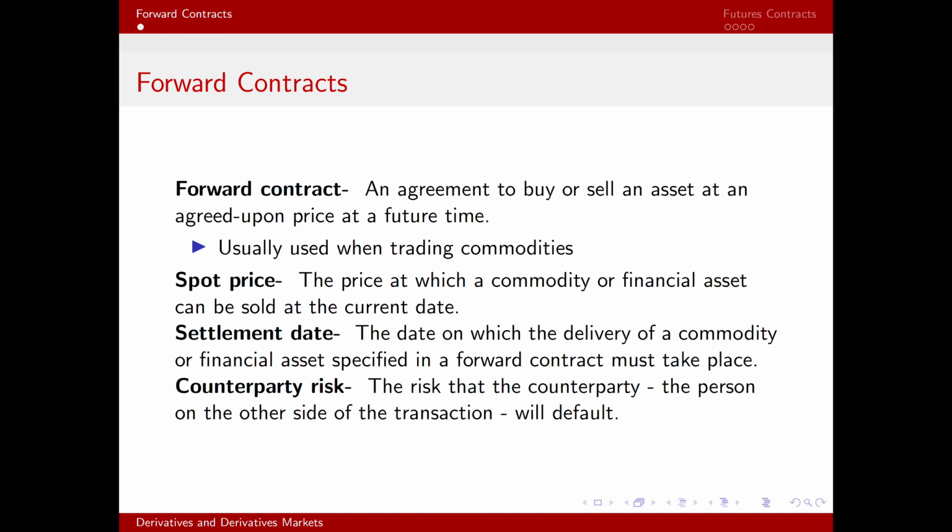Finally, counterparty risk is the risk that the counterparty, or the person on the other side of the transaction, will default. So let's redefine forwards contracts now with these terms. A forwards contract is an agreement between two parties to buy or sell an asset at a spot price on the settlement date. And one thing that these people need to consider is counterparty risk.